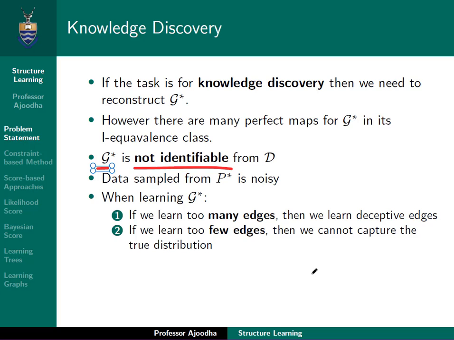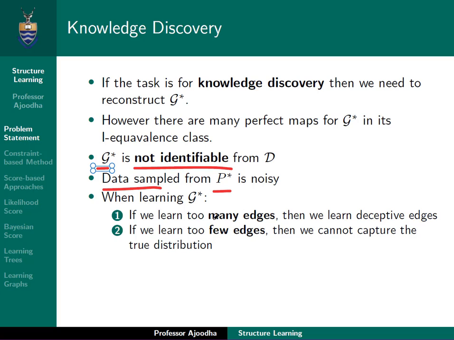Because they all encoded the same independence assumption, that would also mean that they're identical in D. So that's a big problem. And not to mention that data sampled from the true distribution is noisy. So even with infinite data, you still might not be able to find G star.